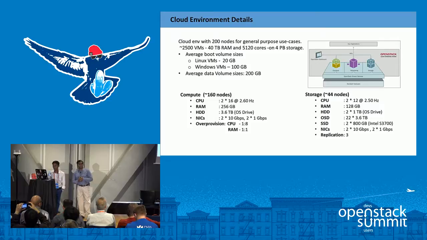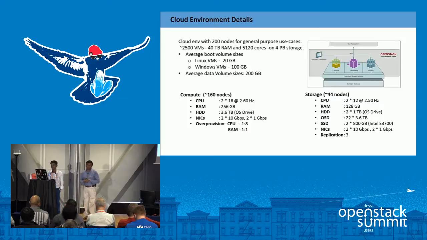Everything is on raw Ceph storage with 4 petabytes. On average, we are using 20 GB Linux volumes as boot volumes and 100 GB Windows volumes. On average, we have data volumes of 200 GB for both Linux and Windows VMs.